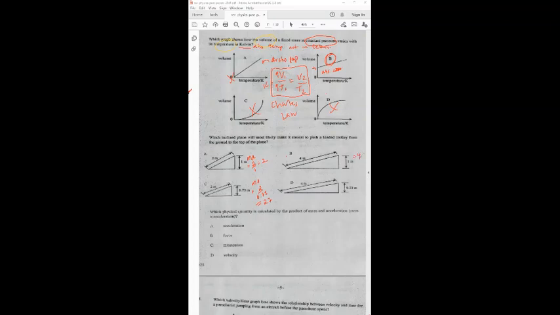And finally, this one, 4 divided by 0.75, gives us 5.3. So the biggest ratio is this one here, so D.